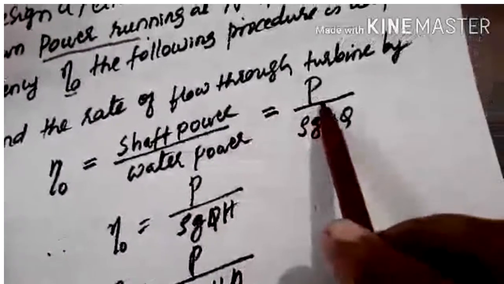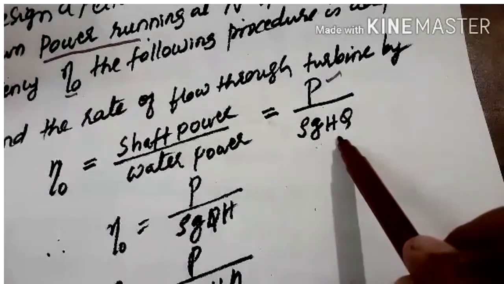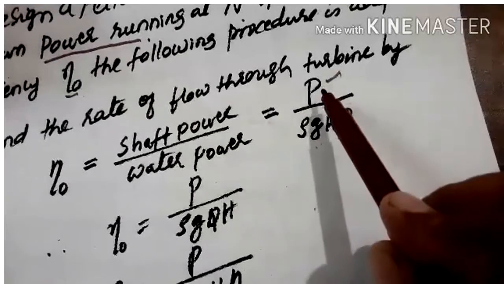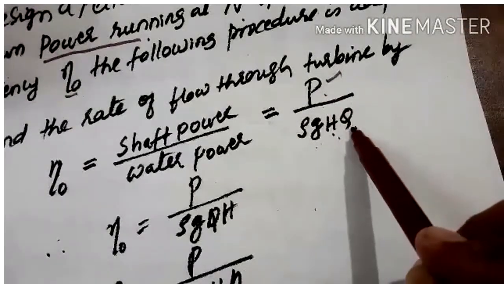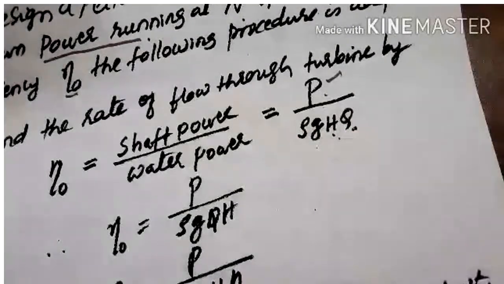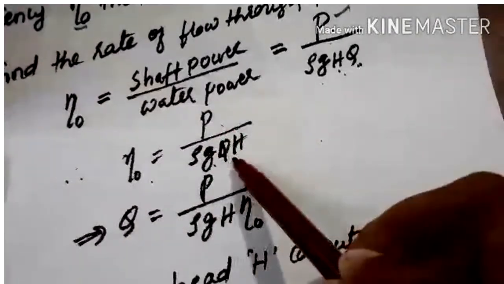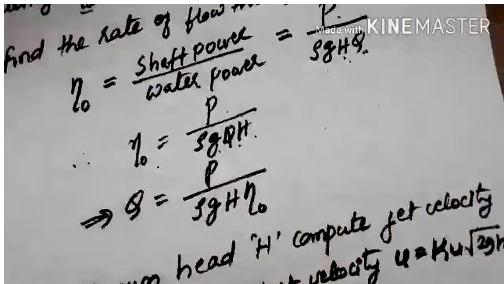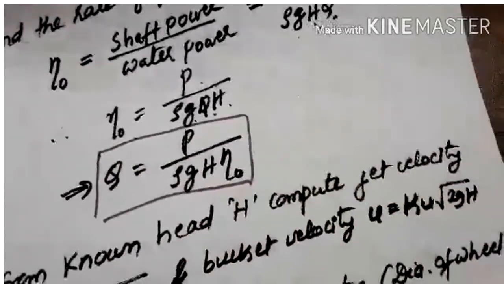Shaft power is P, and the water power is rho g H Q. Here P and the head are given, and you need to calculate the discharge passing through the turbine, that is Q. So eta O equals P divided by rho g Q H. From this you can easily get the value of Q, which gives you the total discharge through the turbine.